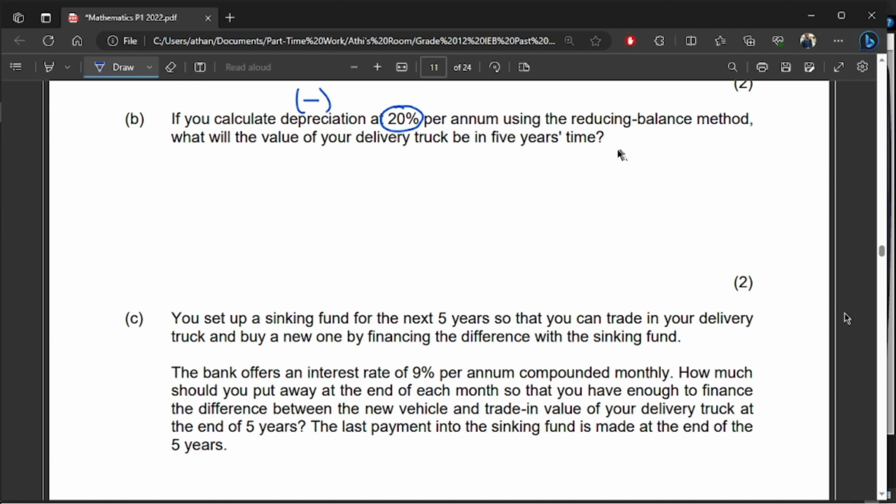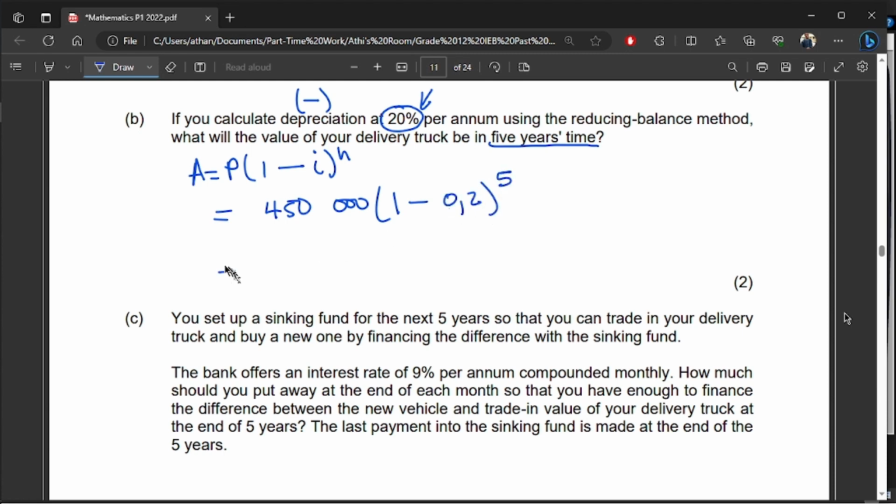Now that's what this is asking us. The truck has depreciated after 5 years' time. How much will it be if it depreciates at 20% interest? Okay, so we have our formula, 1 minus, we won't say plus now because we are depreciating the value of our truck. When I substitute, remember initially this is the amount of the truck, multiplied by (1 minus 20%), which would be 0.2, to the power of 5.